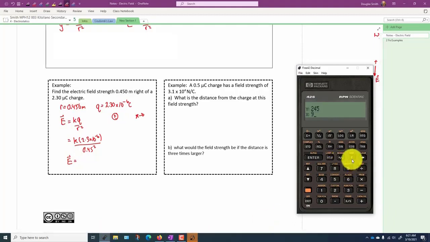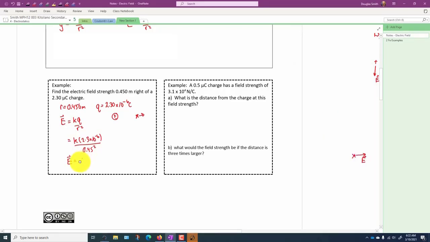Let's go 9 to the power 9, 2.3 e negative 6, and 0.45, and square that. We got 102,000. So maybe we'll call it 1.02 times 10 to the 5th.